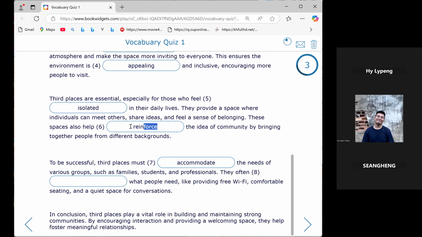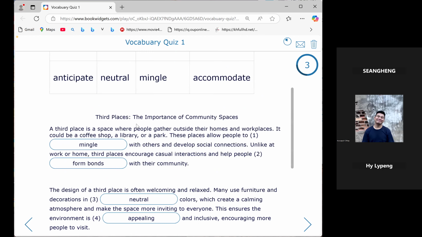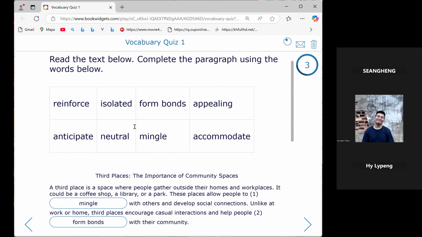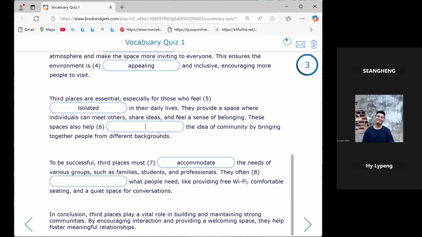Or you want to use this one. So let's delete this one. So we have reinforce and anticipate. Right, okay. Before my internet is unstable, play again.